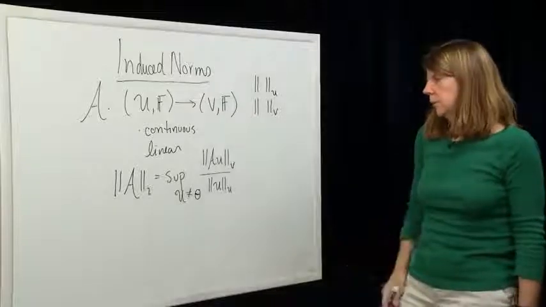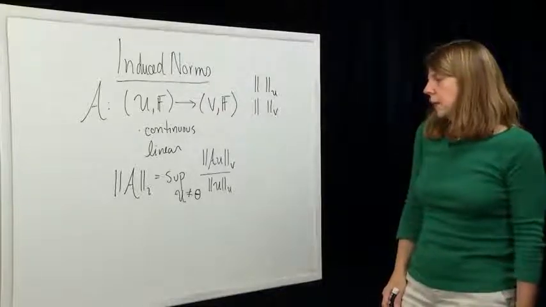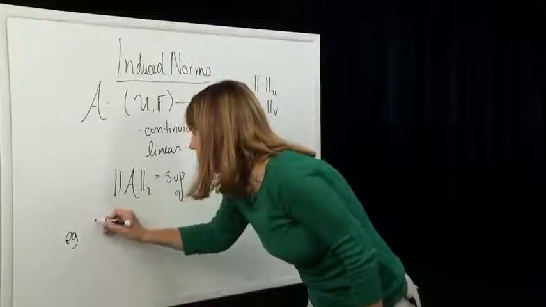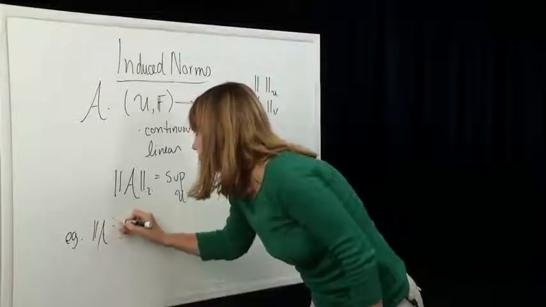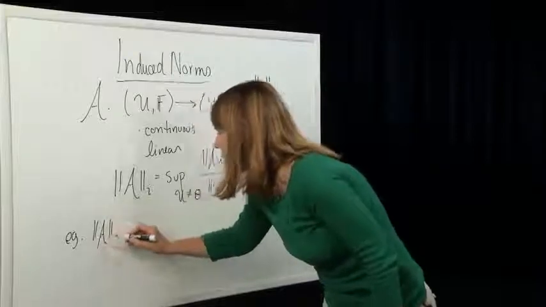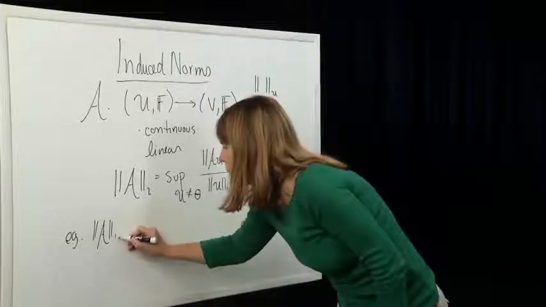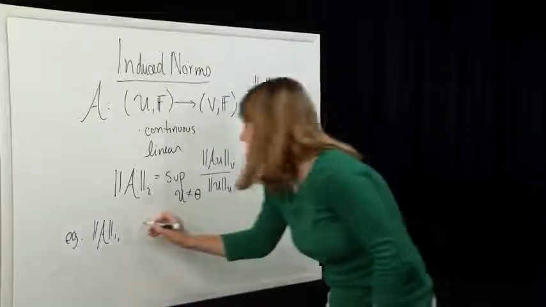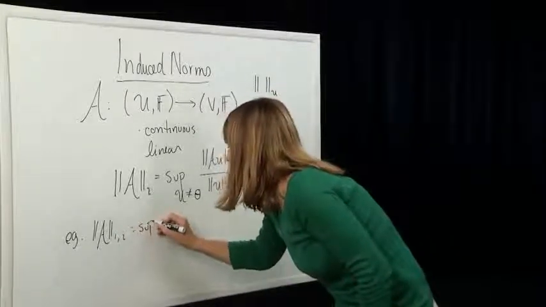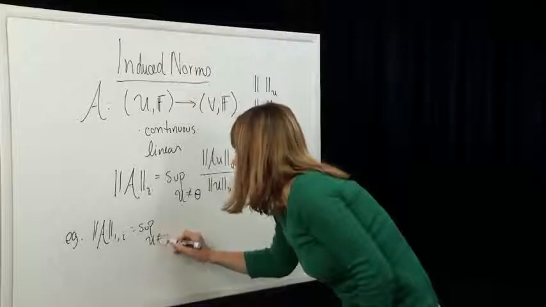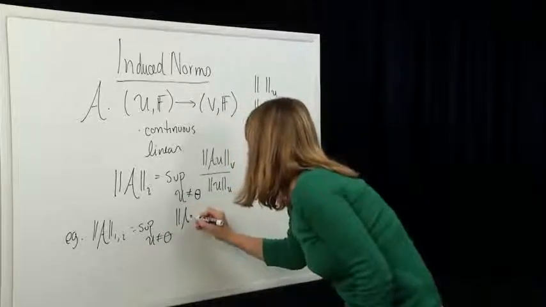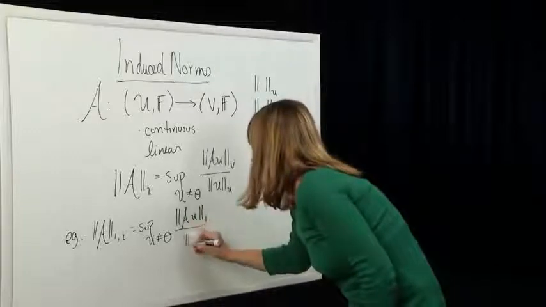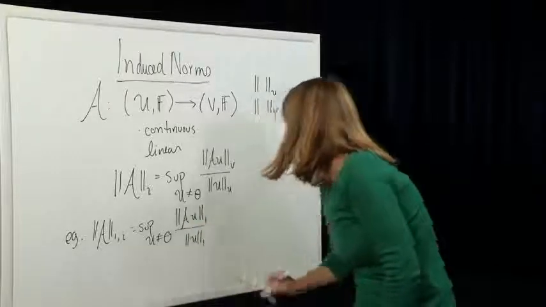And so we can then specialize these vector norms by our choice, and then thereby specify the induced norm of the operator. So for example, we could then define the induced 1 norm. So I'm going to use the notation 1, I to mean the induced 1 norm, and that's simply this expression, the supremum over all U not equal to 0 of AU, and then this would be the 1 norm over norm U, and that would be the 1 norm.